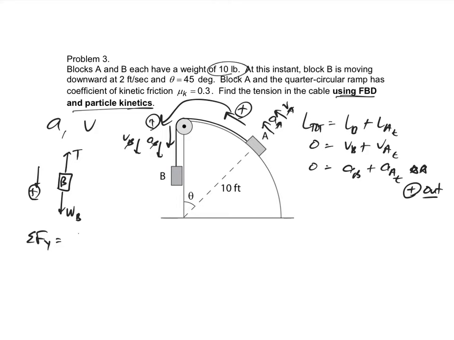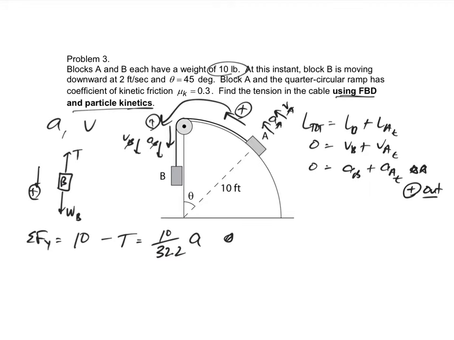Have a weight of 10 pounds. So 10 minus tension is equal to mass. So take the weight divided by 32.2 times the acceleration. That's the acceleration of B. That's the acceleration of A. They're moving together. All right, so there's one equation. Put a star by it.